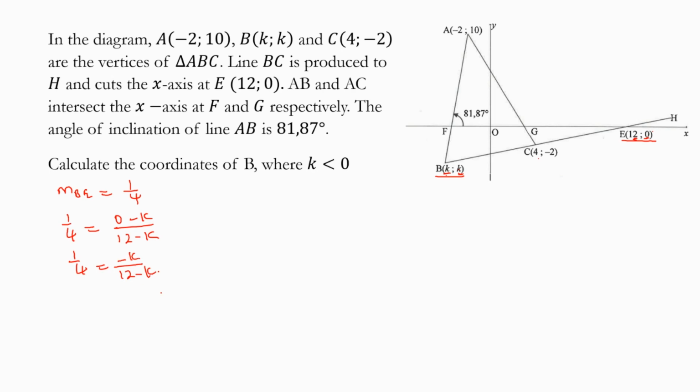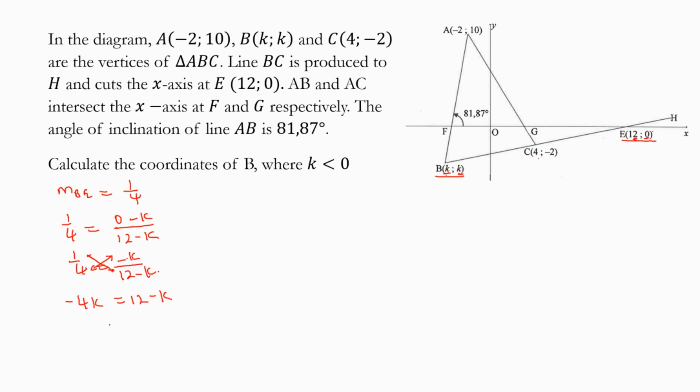Then we can cross multiply: negative k times 4 is negative 4k, equal to 1 times 12 minus k, which is just 12 minus k.